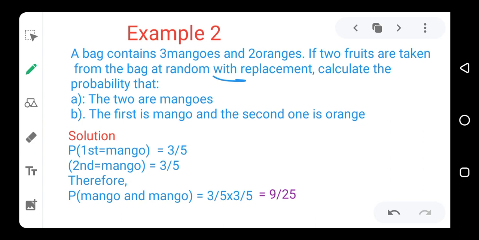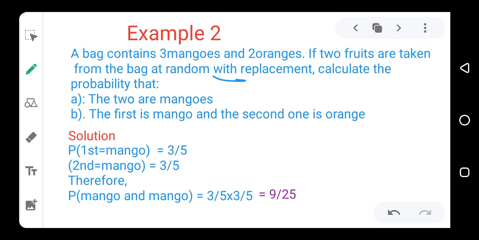Now, in the second event, because we put the mango back to the bag, with replacements, remember, we put it back, it means that the total number of mango is still remaining the same. So the probability of picking another mango still remains 3 over 5.